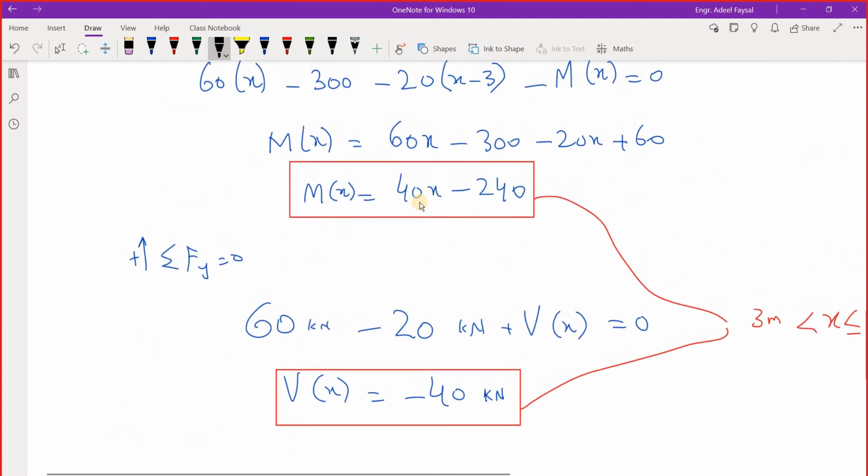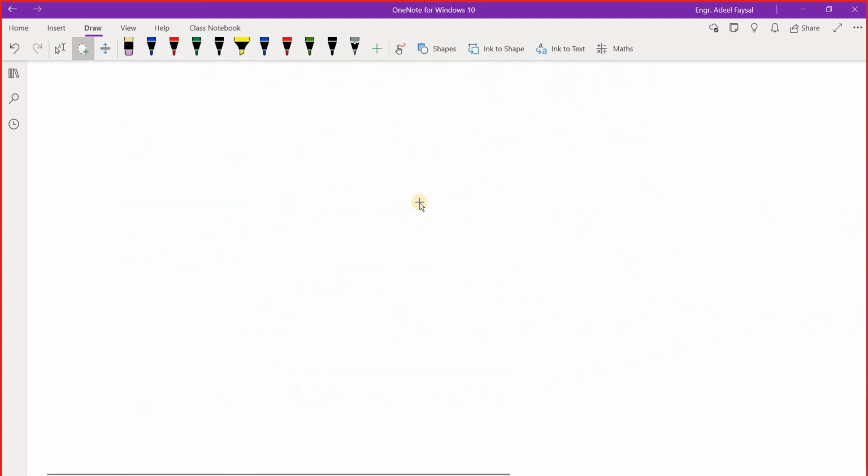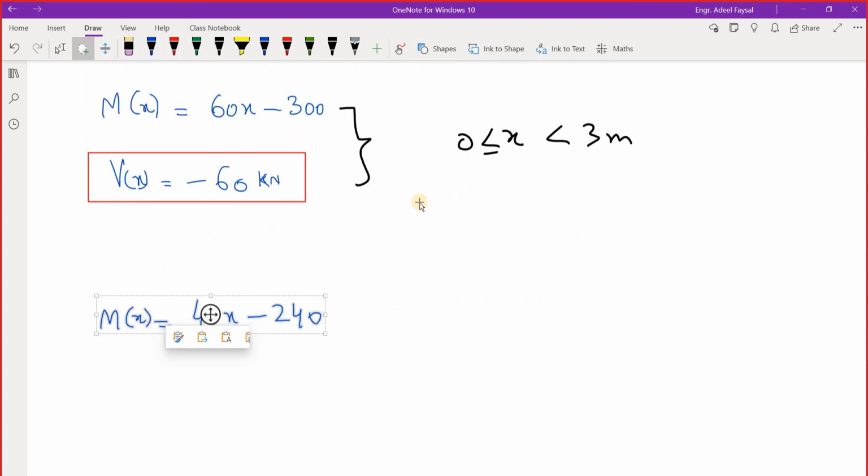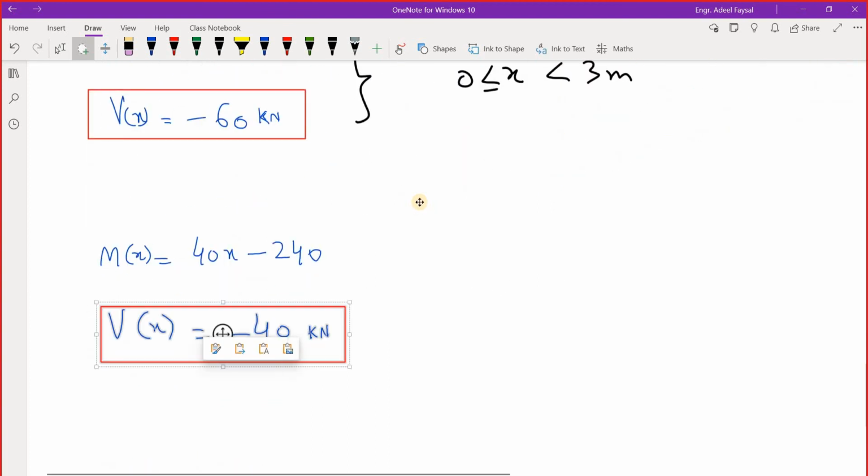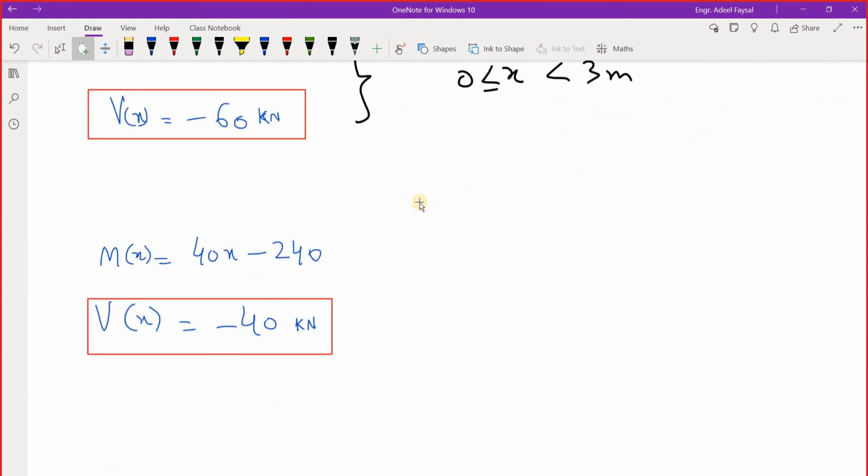Then next we have M(x) from here and V(x) from here, and these are valid between 3 meter and 6 meter.